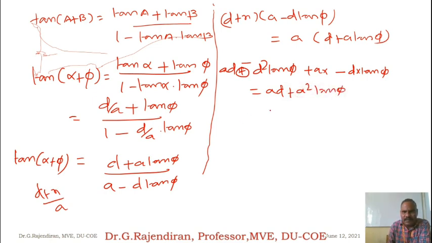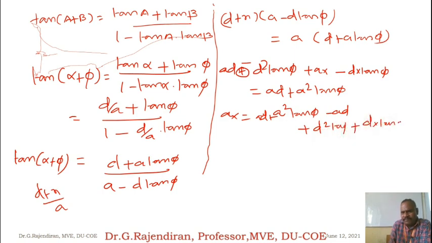Bring this AX here, remaining terms, tan phi times in one term, AX equal to a square tan phi minus AD plus d square tan phi plus dx tan phi.